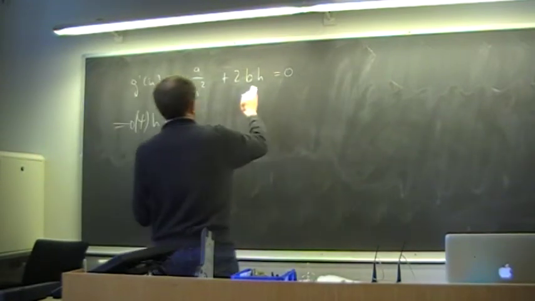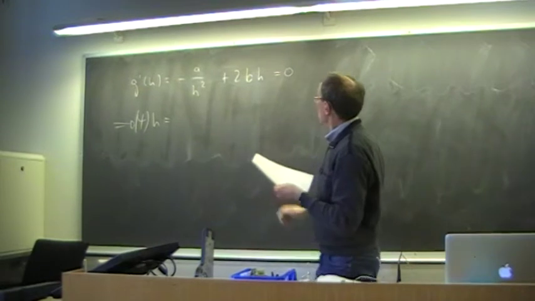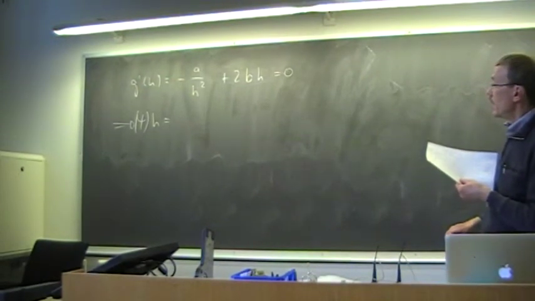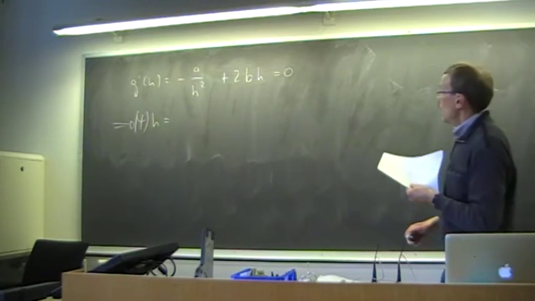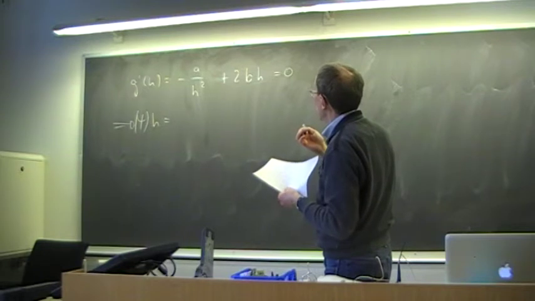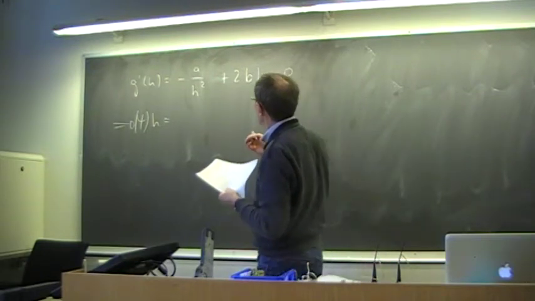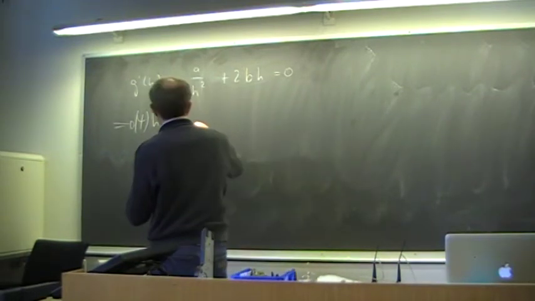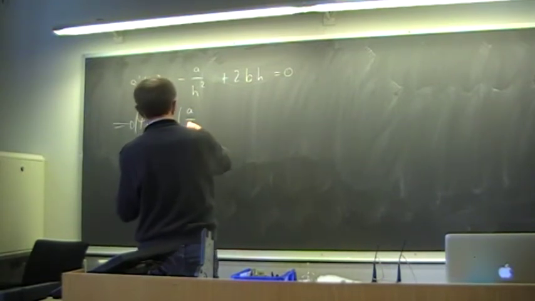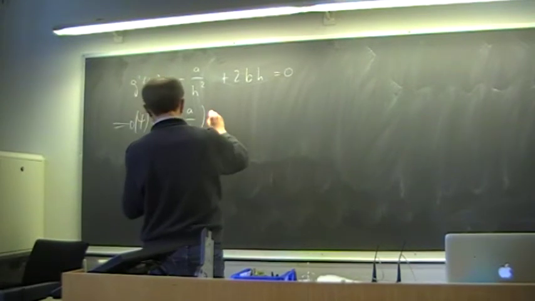We just bring that on the right hand side, multiply by h squared, and then we get that h is equal to a divided by 2b to the power 1/3.